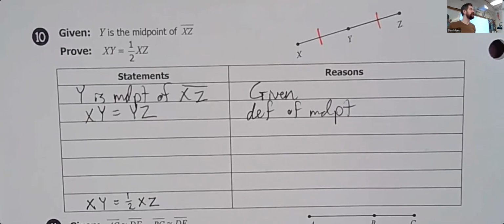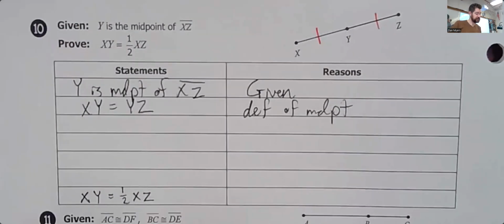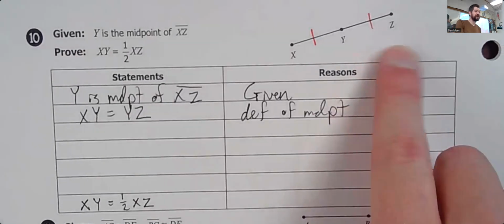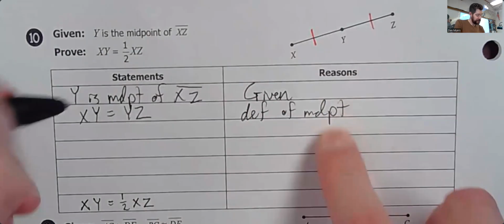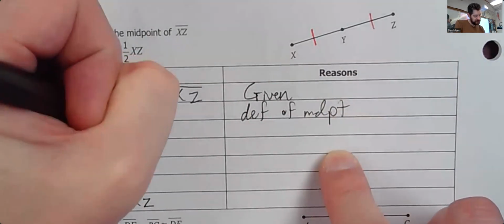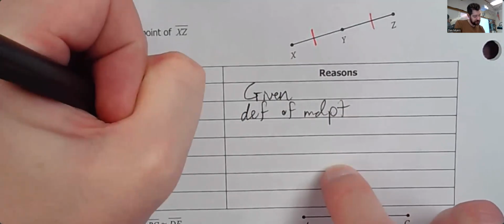If we're going to use the segment addition postulate here, what are we going to say? What would the segment addition postulate be for this segment here? XY plus YZ equals XZ, right?